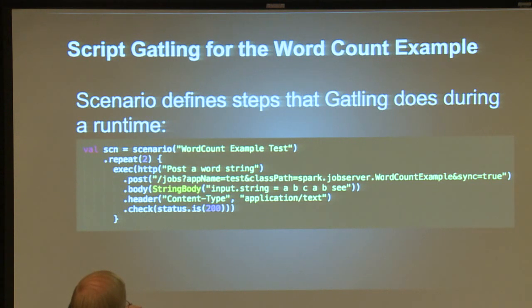On line 3, this names the performance test as post a word string. Localhost 8090 is included in the HTTP protocol method. That's already there. The next line includes the whole API URI after port 8090. And I showed that in the slide before with the curl command.